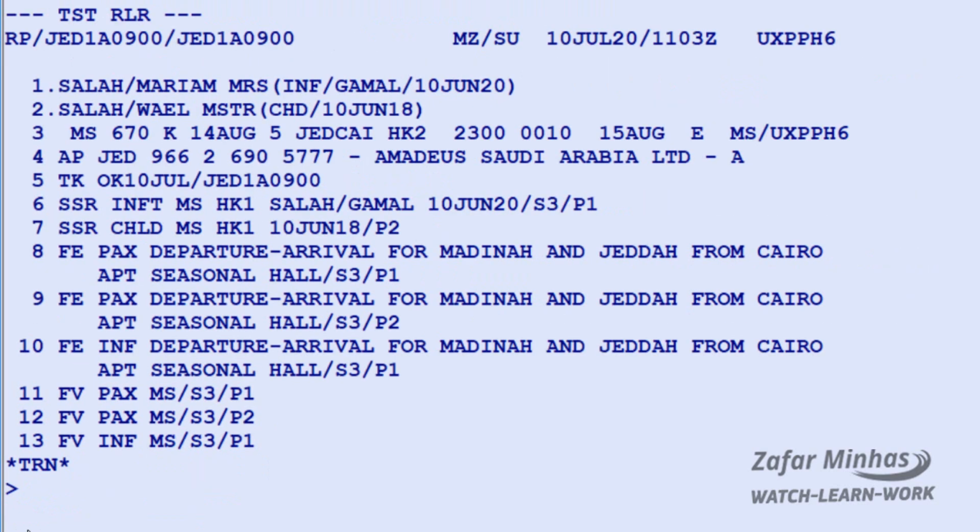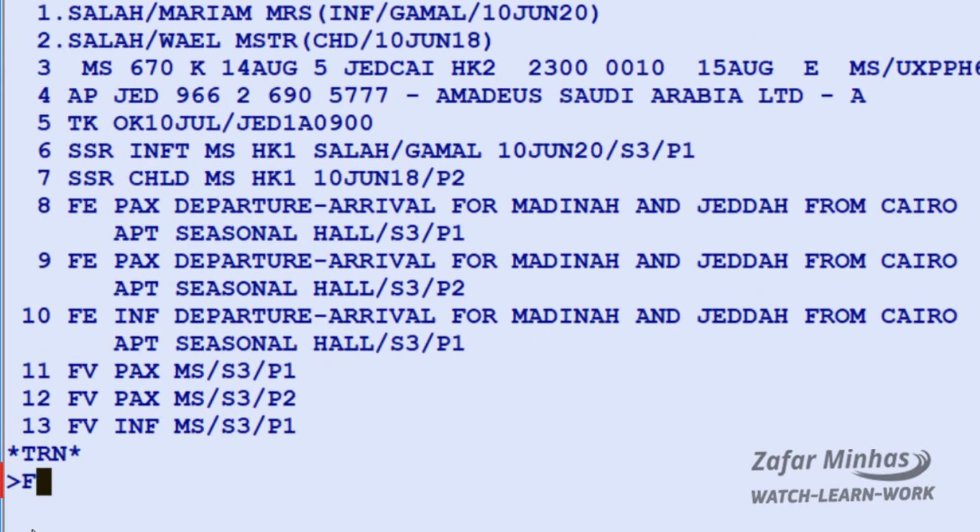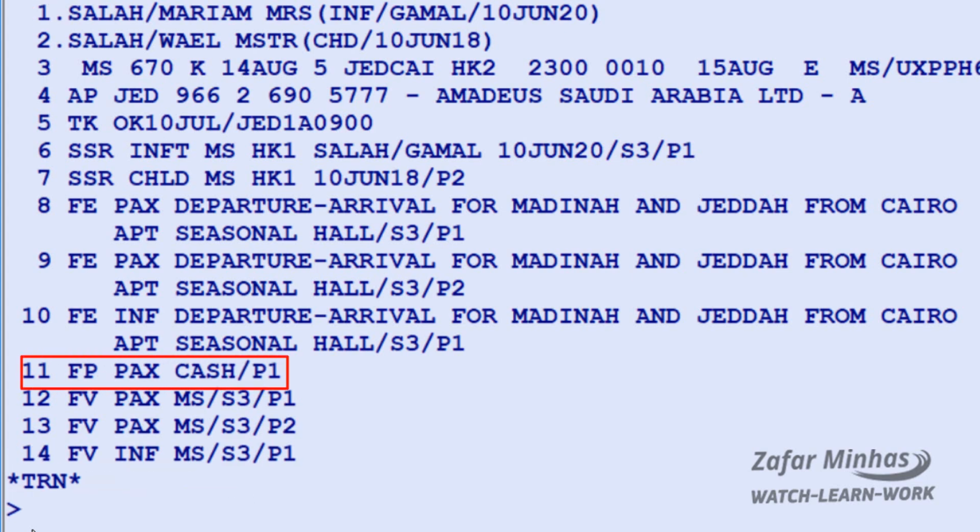To enter cash form of payment for non-infant passenger number 1 in a PNR, use FP form of payment transaction followed by PUX non-infant passenger indicator plus cash mode of payment /P passenger identifier followed by 1, passenger number 1 from PNR. Enter. Form of payment element has been added.